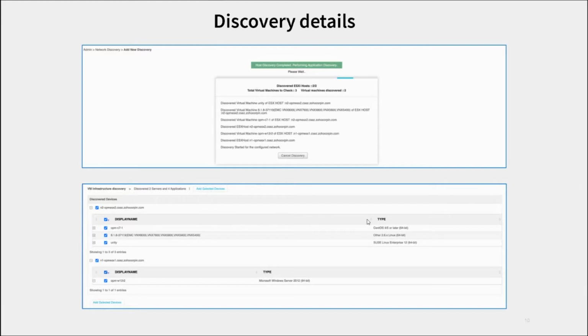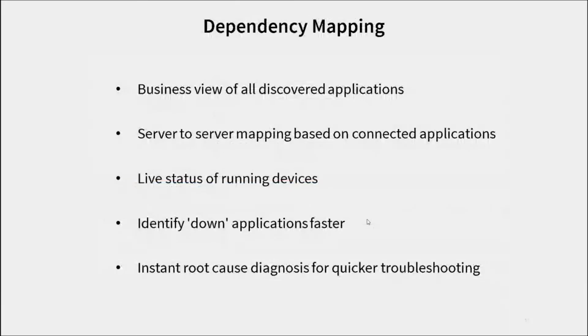Now that the applications are discovered, the next thing is to ensure that there is a dependency map that is created, which will give the users an overview of how their applications are functioning. So over here, let me tell you the brief pros of using the dependency mapping.